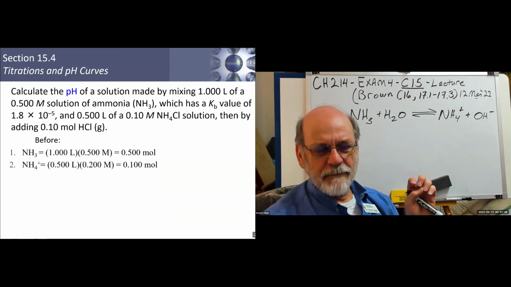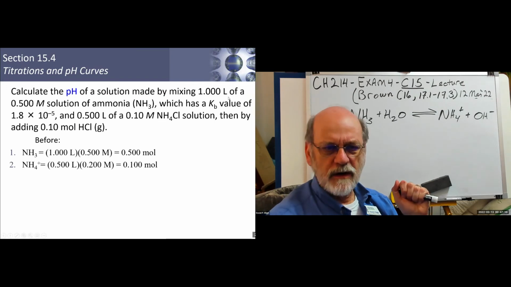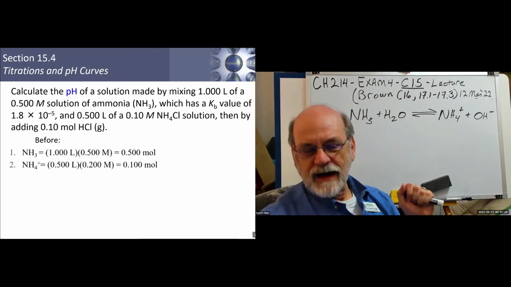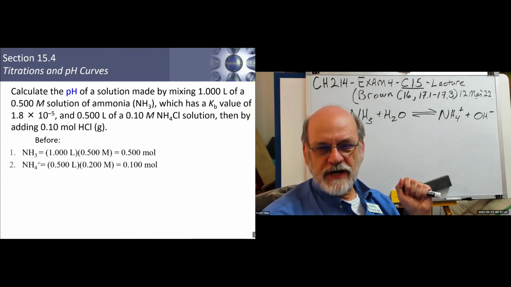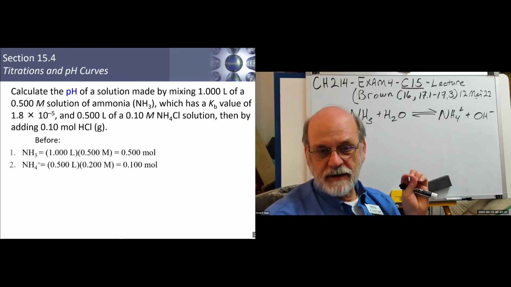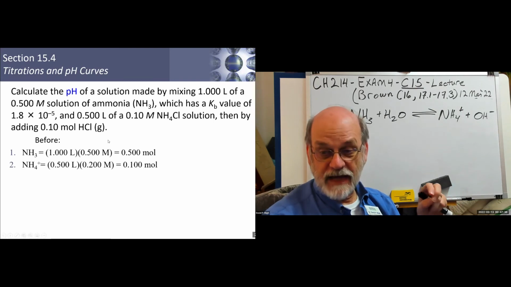So let's say we calculate the pH of a solution made by mixing 1 liter of 0.5 molar ammonia, which has a KB value of 1.8 times 10 to the minus 5, and 0.5 liters of 0.1 molar ammonium chloride solution first, then by adding 0.1 mole of HCl as a gas.